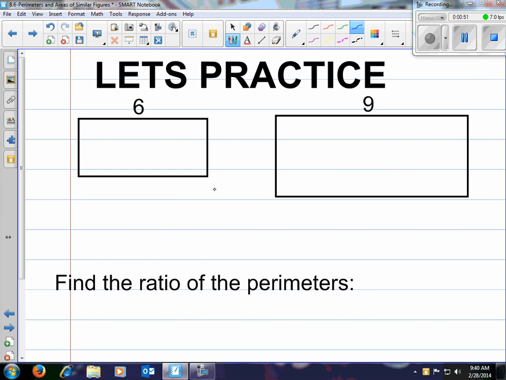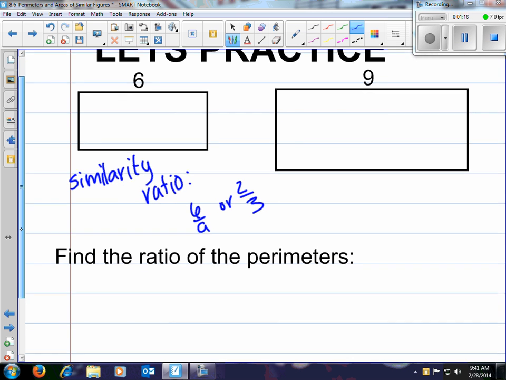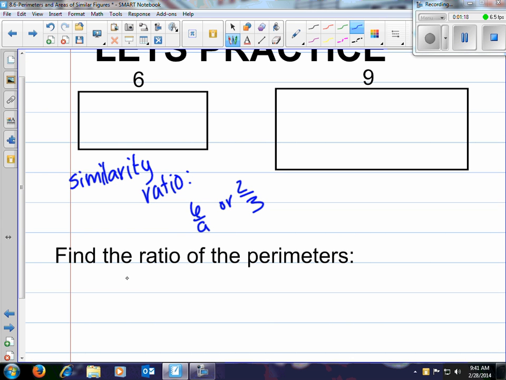The first thing is I have a rectangle. So I have this side being 6 and this side being 9. So my similarity ratio is 6 over 9 or 2/3. Now remember that our ratio for our perimeters is the same as our similarity ratio, so this is also going to be 6 over 9 or 2/3.